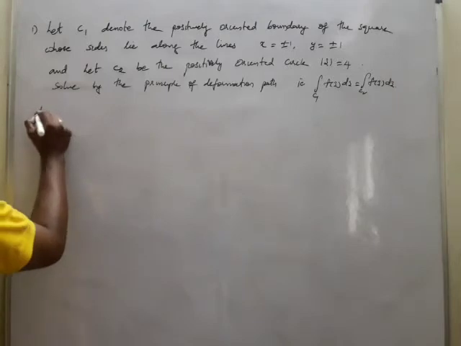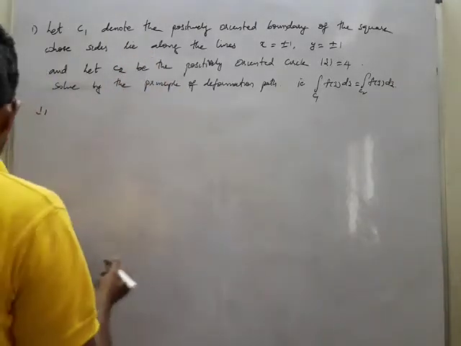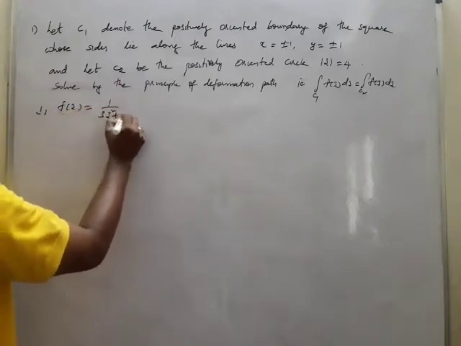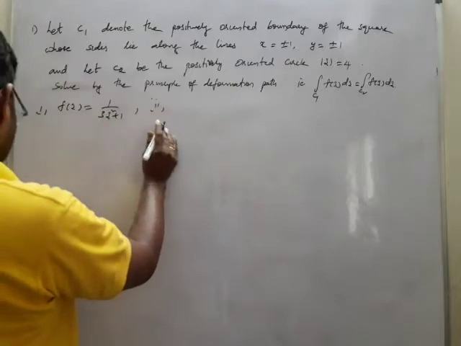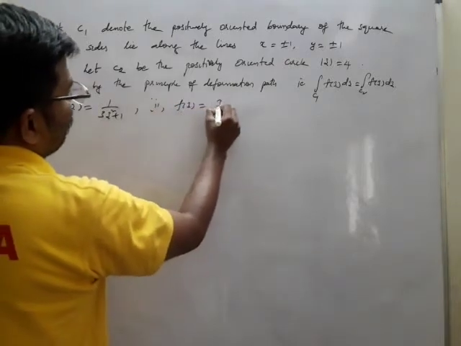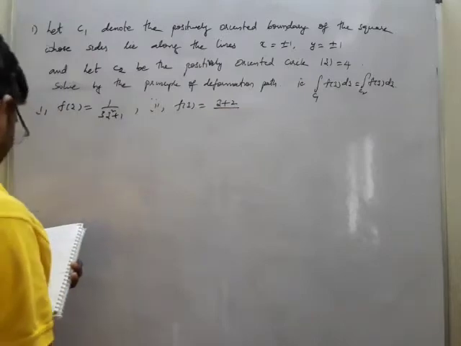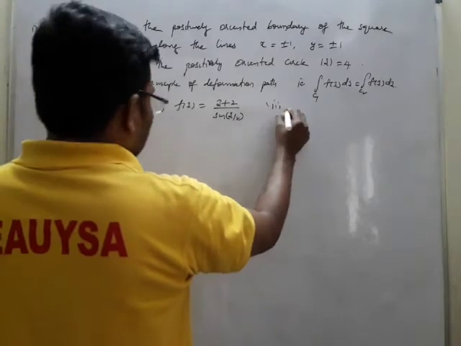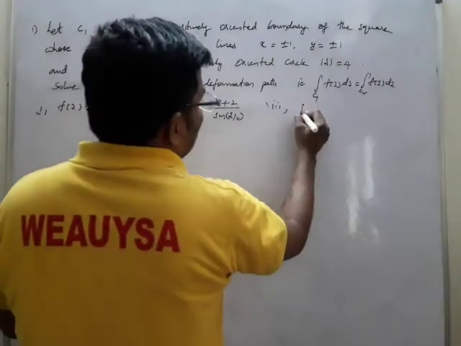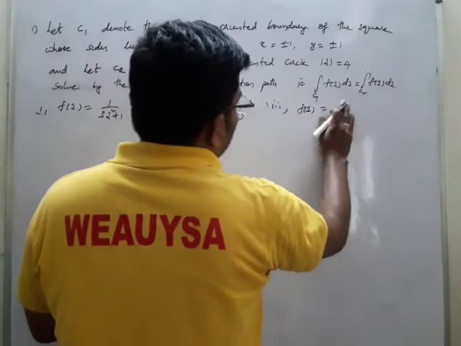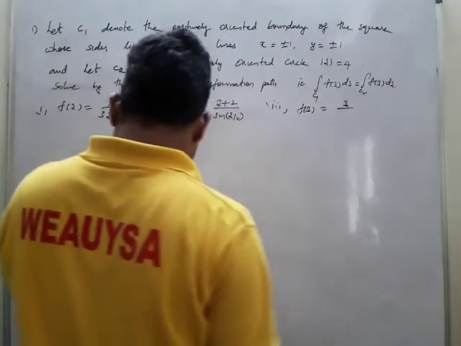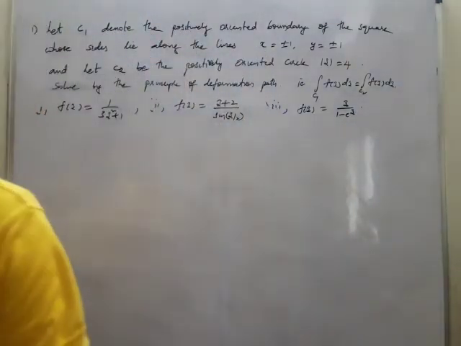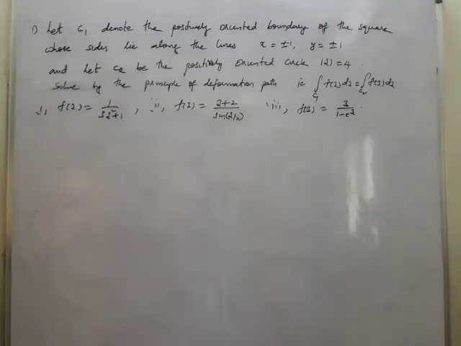Based on this C1 and C2, the first one is given as f(z) equal to 1 by (3z square plus 1). Number 2 is given as f(z) equal to (z plus 2) by sine(z by 2). Number 3 is given as f(z) equal to z by (1 minus e power z). So this is how we have to find out.